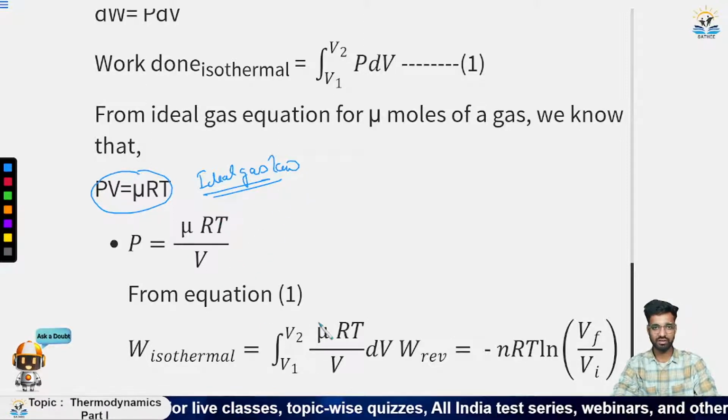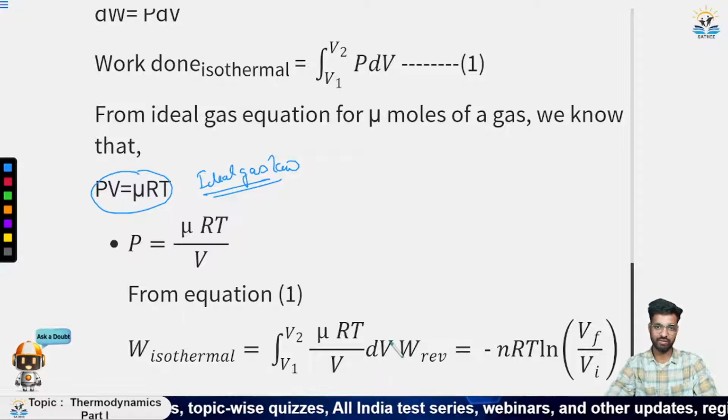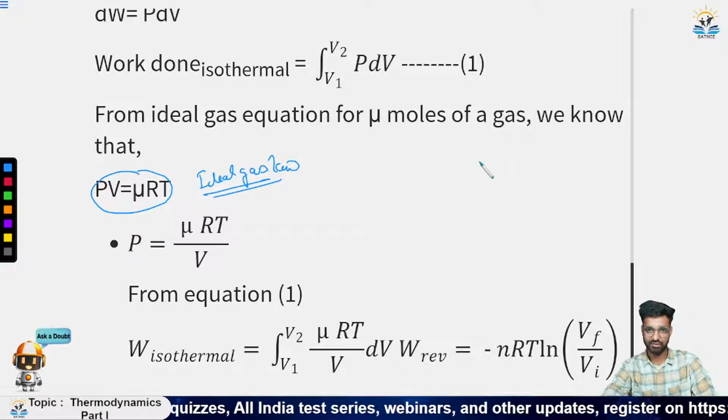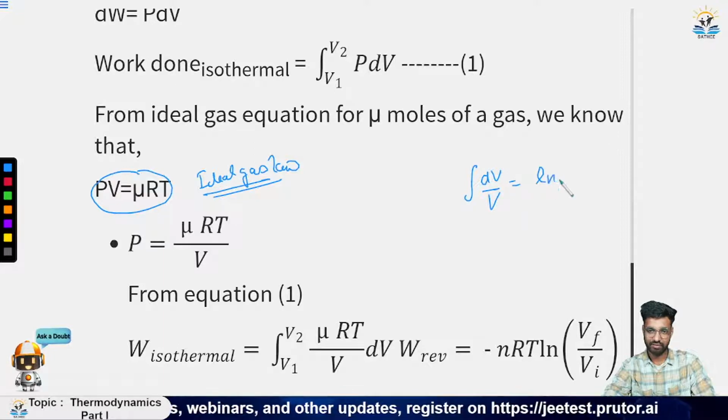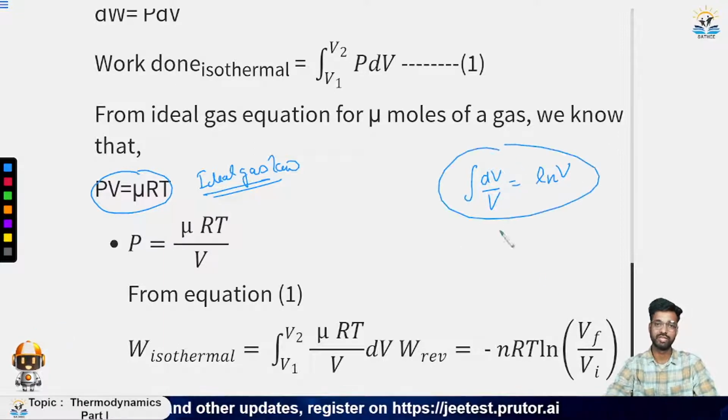Now we will replace this P by nRT by V, so it will be dV by V, and integration of dV by V will give ln V. The same thing is written here.